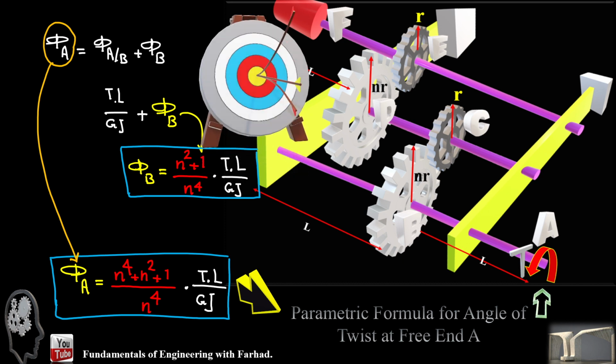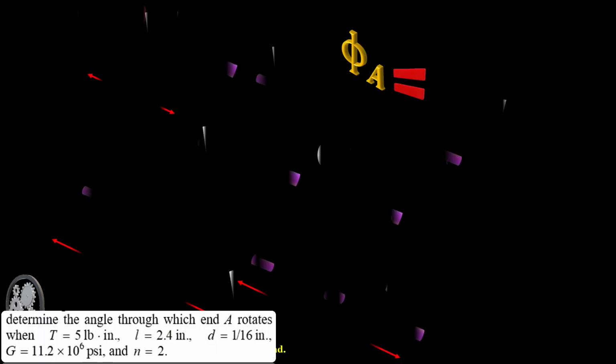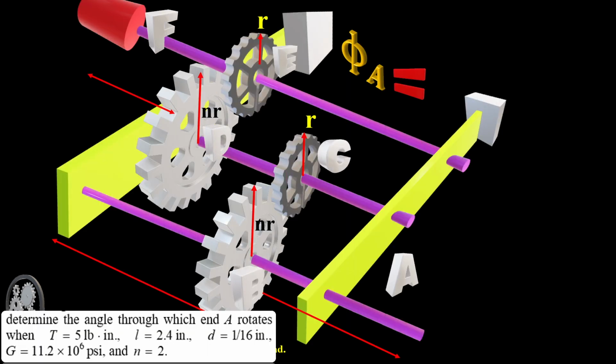And that's nothing but a parametric formula for angle of twist at free end A for such configuration. If we want to put it into an example, we can just simply use the same equation.